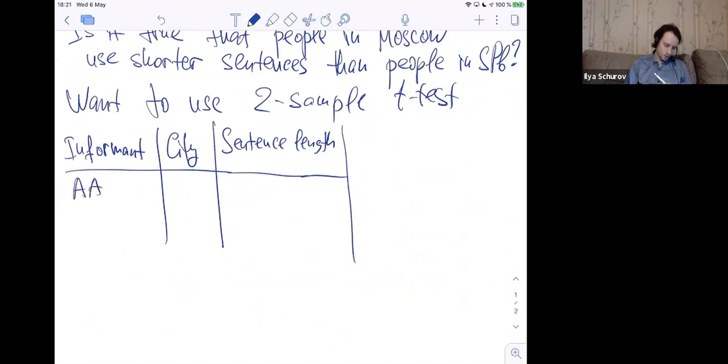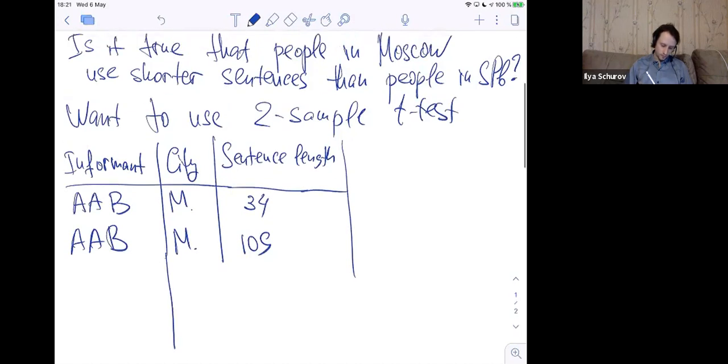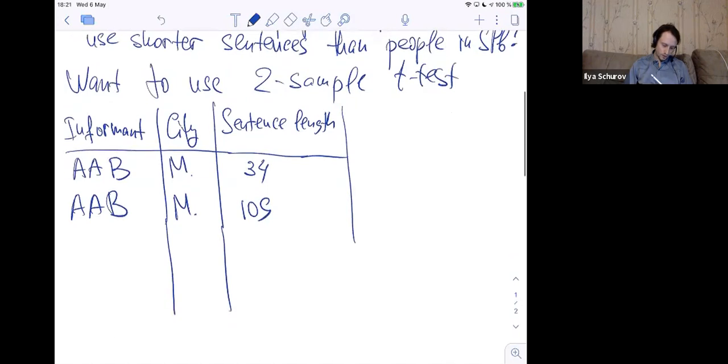I have informant AAB from city Moscow, and the first sentence of their text is 34, for example, characters. And I have the same informant from the same city, of course, and another sentence which is of length 109.